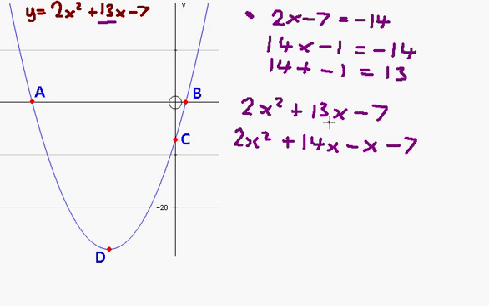In other words, I have split the 13 into two parts, the 14x and the minus x.